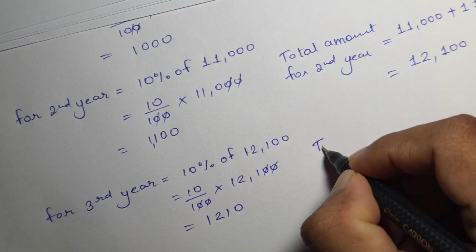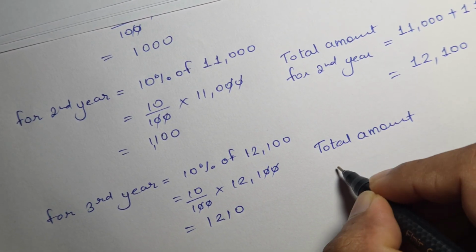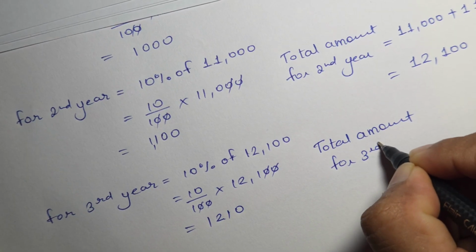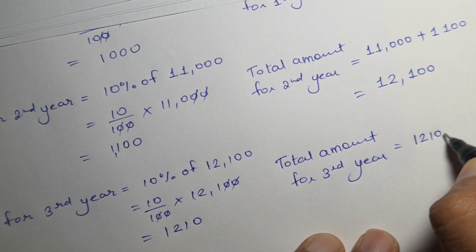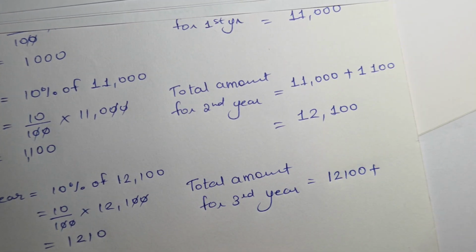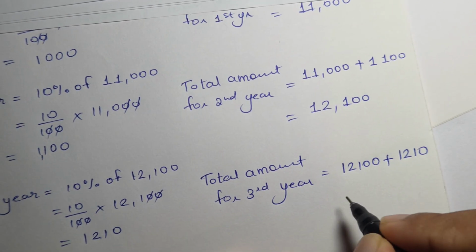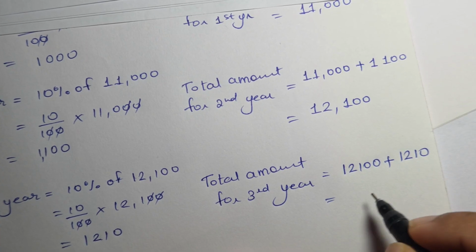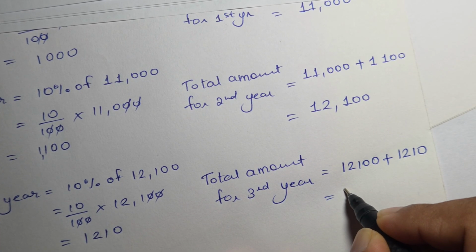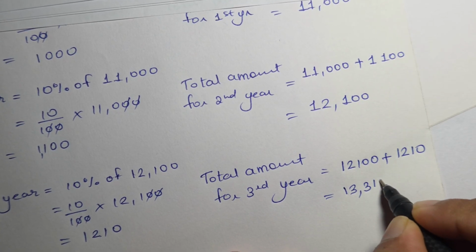So total amount for third year is 12,100 plus the interest 1210, which is giving you 13,310.